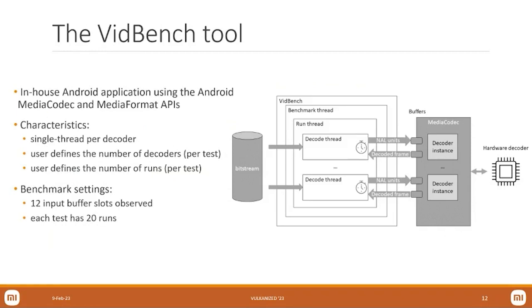We observed that we can have up to 12 input buffer slots, and each test we did was for 20 runs. As you can see, there is a benchmark thread running. Inside that, we have the run threads which handle the decoders. The bit stream is parsed from VidBench, so we're not worried about that. And then you have different buffers from the MediaCodec for the decoders.